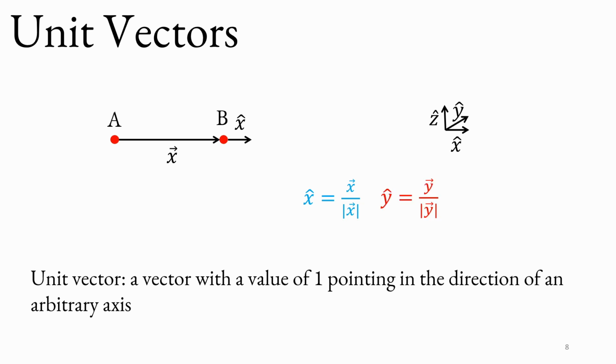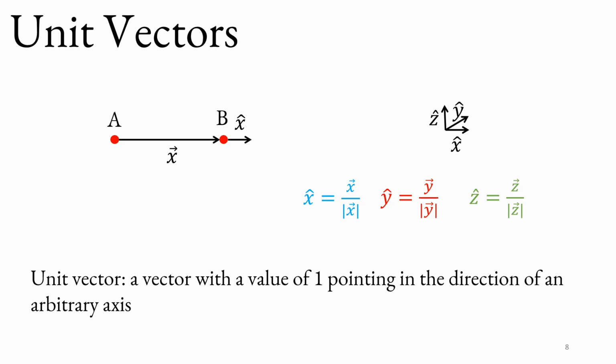Do the same thing for the y hat vector. So it's the y vector pointing from A to B in the y direction divided by the length of that. So it has the value of 1 pointing in the y hat direction. And the z hat is going to be the vector z pointing from A to B in the z coordinate system, and it's going to be equal to the z vector divided by the magnitude of the z.